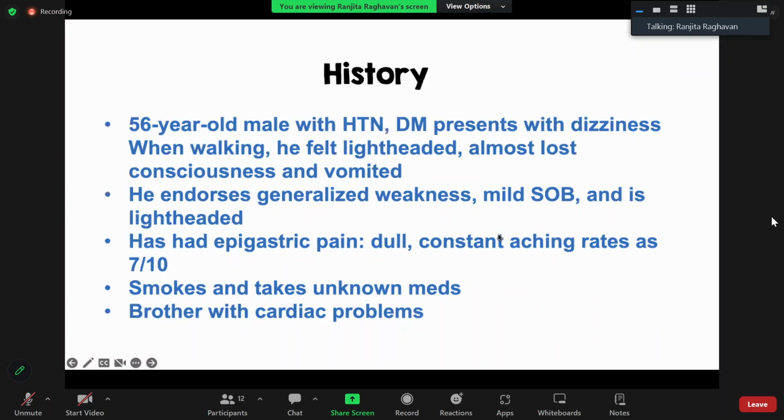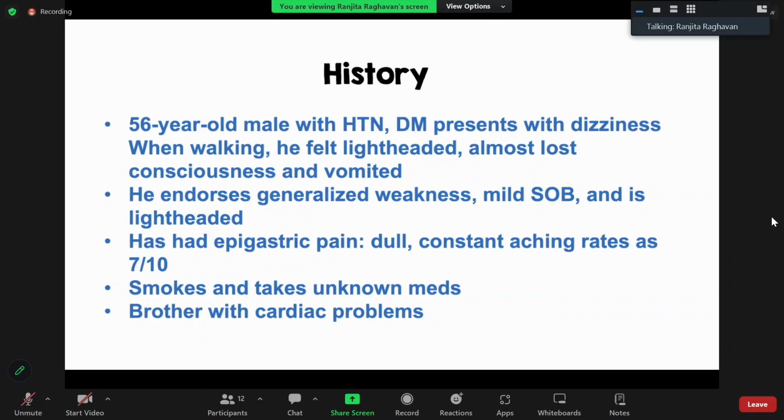So once we are doing all that, you finally come over and get to talk to him. This is basically what he is telling you. He has hypertension and diabetes as past medical history. He had dizziness that started this morning when he was walking. He almost lost consciousness and then he vomited.